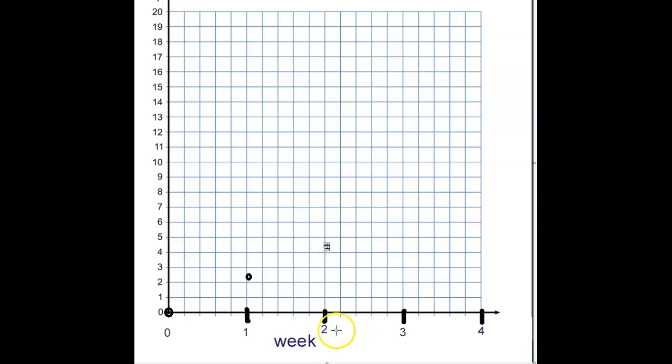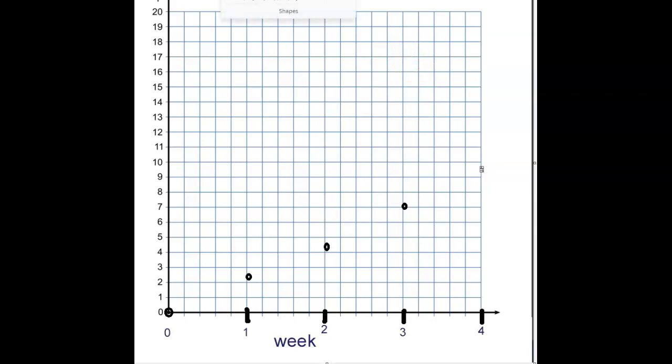Now our week 3, we go over to week 3. How much did it grow? I go up to 7.2. And then week 4, you go over to week 4, and then up to 9.3. It's kind of hard to do this in Paint.